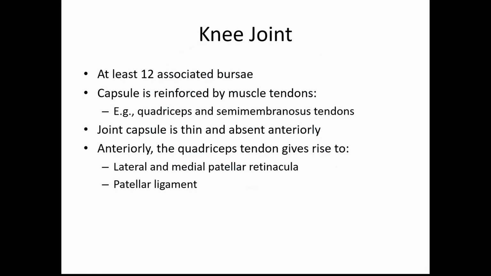Now the knee has a whole bunch of bursa. The capsule is reinforced with muscular tendons. The joint capsule is actually fairly thin and is absent on the anterior side. The quadriceps tendon is going to give rise to the lateral and medial patellar retinacula and a patellar ligament.